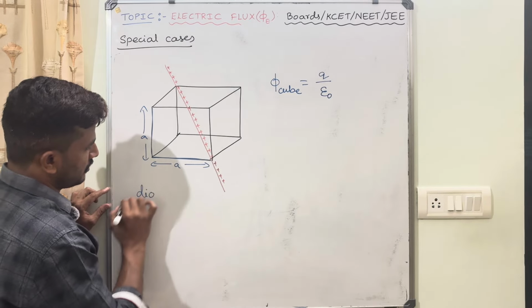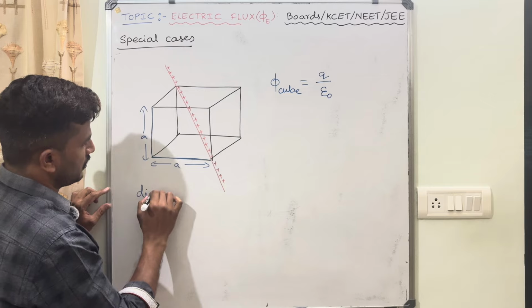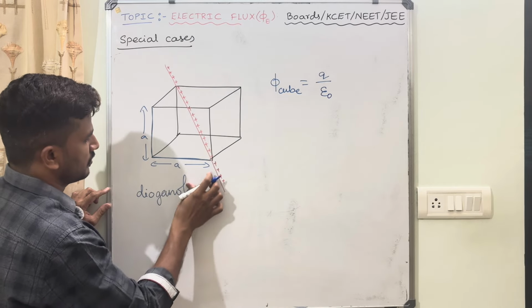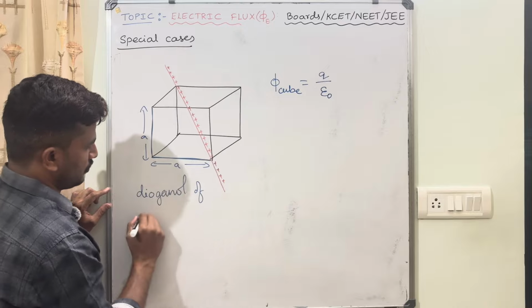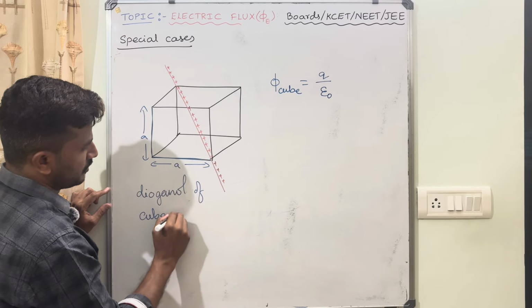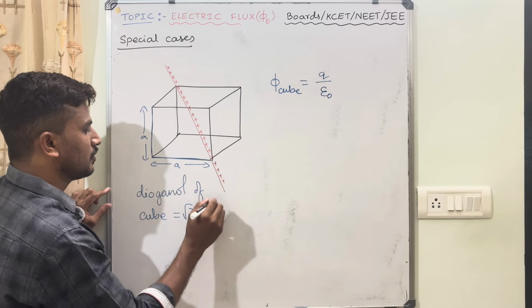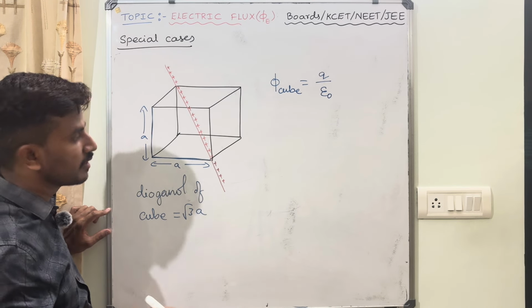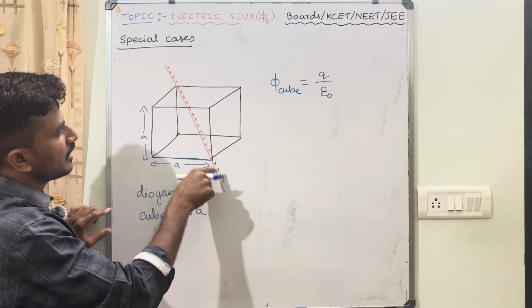Diagonal of the cube is equal to root 3 into A. The diagonal of a square is root 2 A, and the diagonal of the cube is root 3 A.